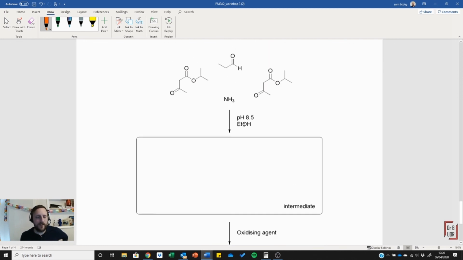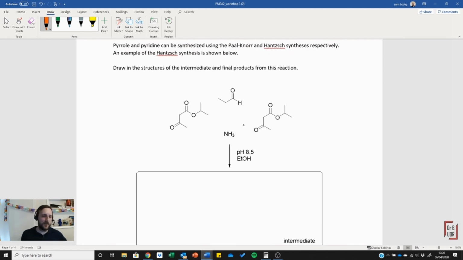So let's have a look at our ingredients, or our starting materials, I suppose I should really call them. We've got this structure here, which is repeated, so it requires 2 lots of that. We've got a carboxylic acid up here, and also an amine down here. Importantly, we've given some reaction conditions.